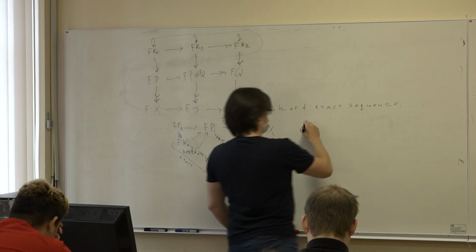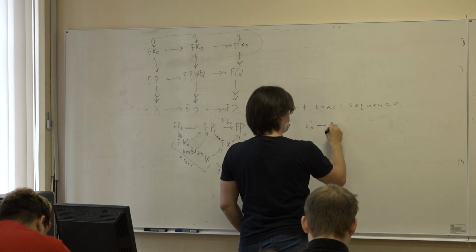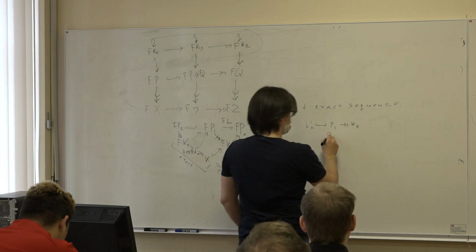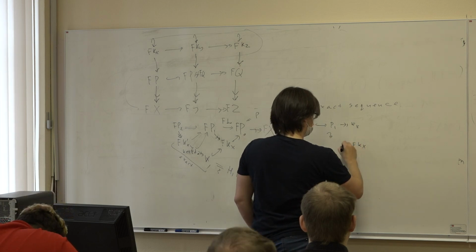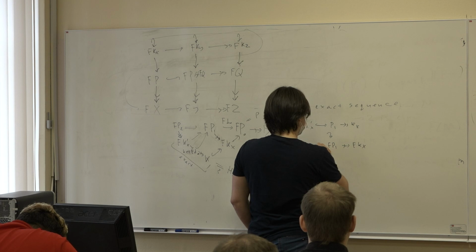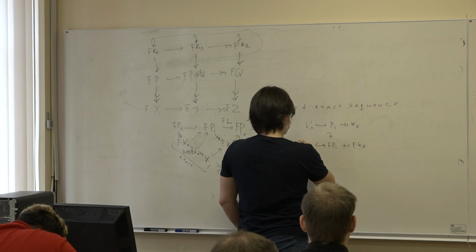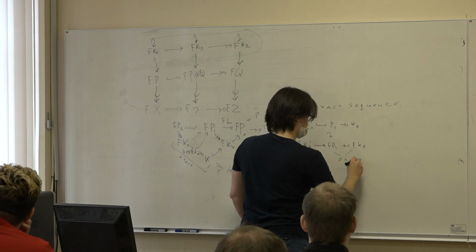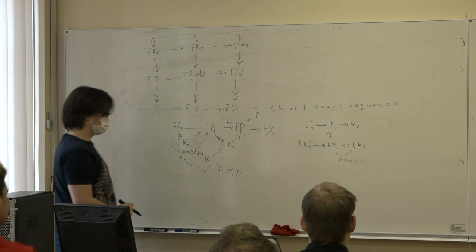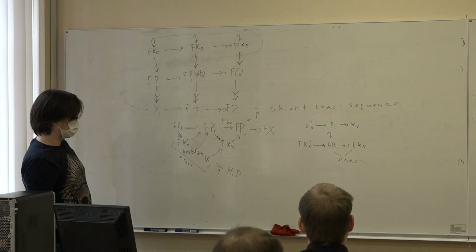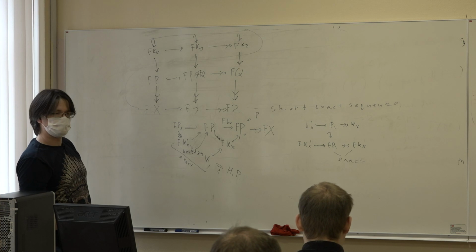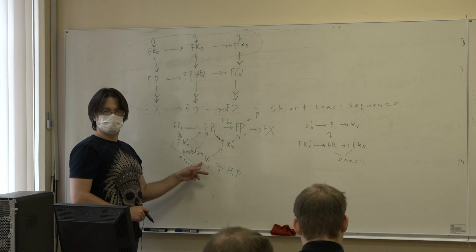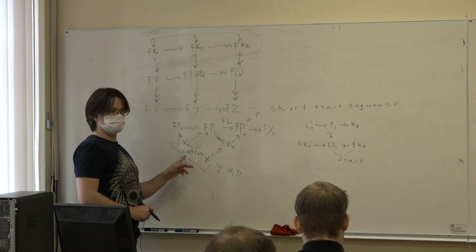Like kx prime, p1, kx was a short exact sequence, so fkx, fp1, fkx prime is still exact here and here. So it is what we need. That's okay.